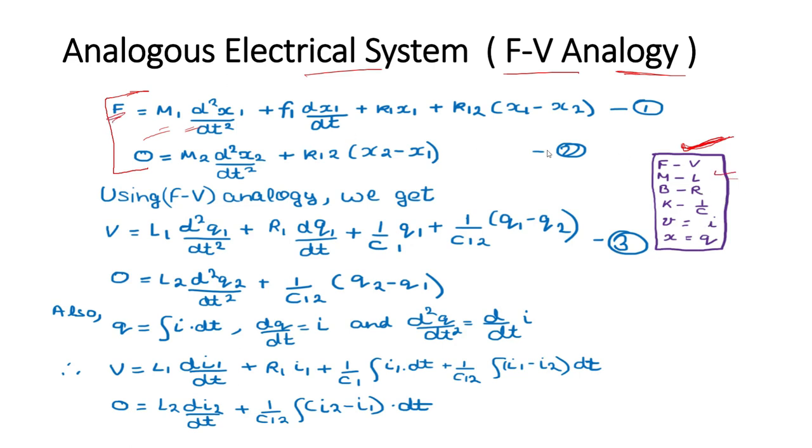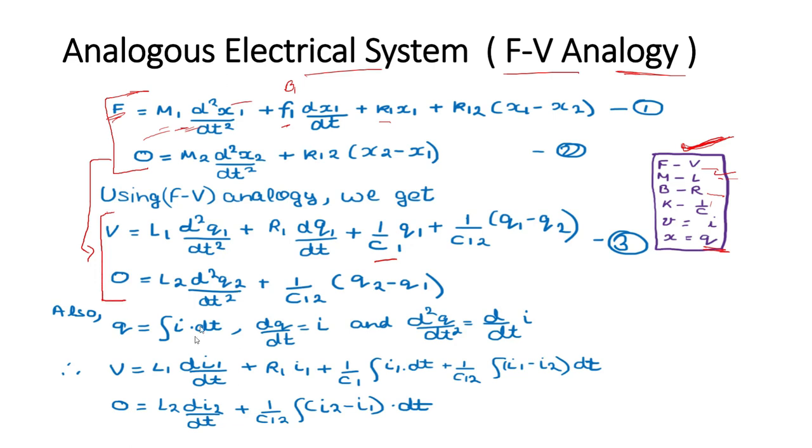So F becomes V, which is voltage, M1 becomes inductor, x becomes charge, and f1 is also written as B1. Therefore B1 becomes R, and K1 becomes 1 upon C. So we will rewrite this equation in electrical equivalent terms and we will get this.